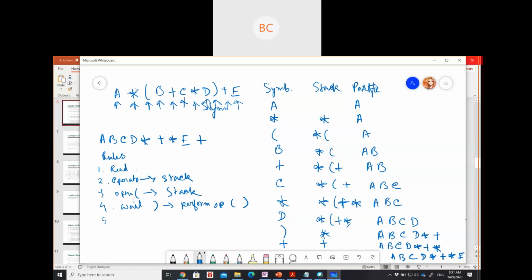Now, if your symbol, you need to check the precedence and associativity.